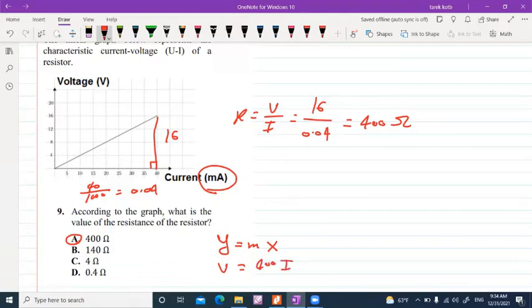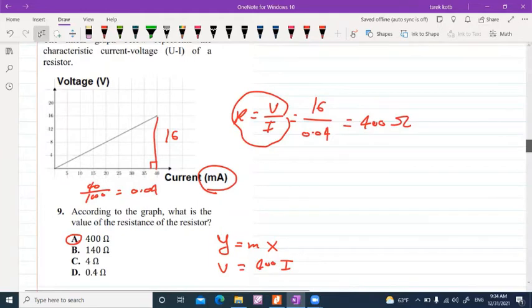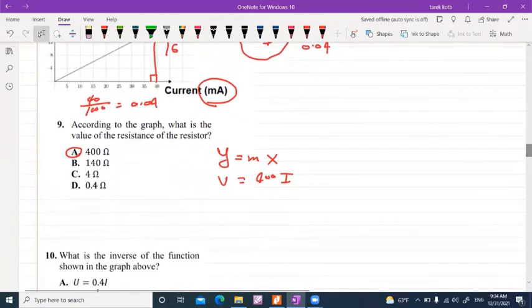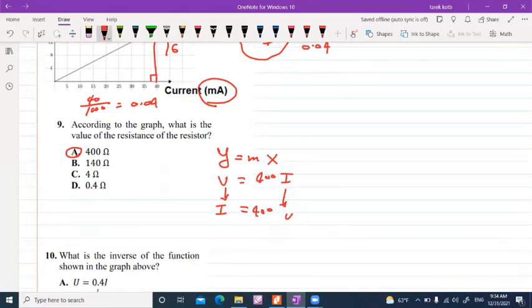Because R equals V over I, it's a relation between the voltage and the current. Now this is the function. I want to get the inverse of this function. Remember how to get the inverse function? Change the V to be I and change the I to be V. Keep the 400 and then try to rearrange the equation to get the V in terms of I. You have to divide by 400 here and 400 there.